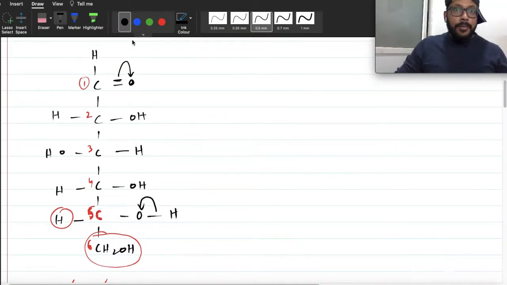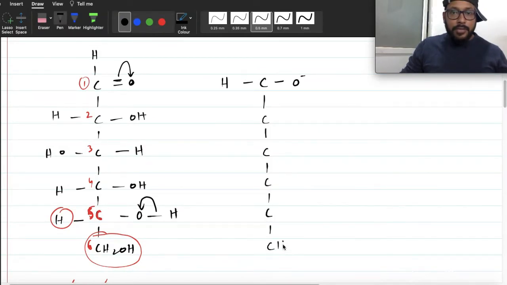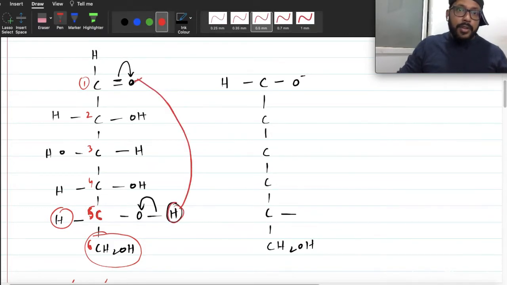So you can write O negative, and this hydrogen you can place here. Then second, third, fourth, fifth, and your sixth one, CH2OH. After breaking the bond, this H positive moves toward this oxygen atom because this is negative and this is positive. And this is your OH.